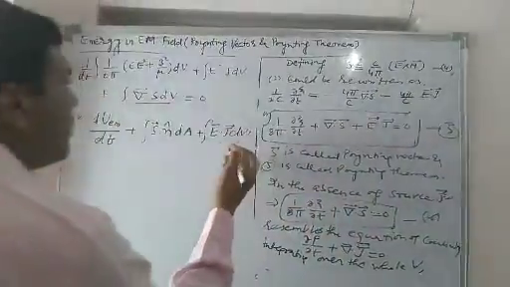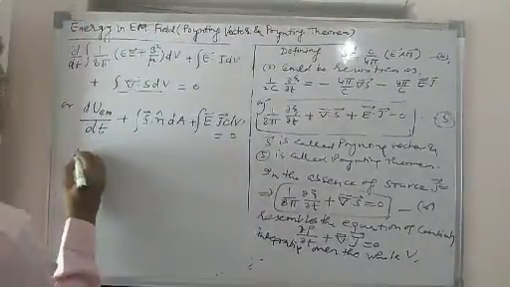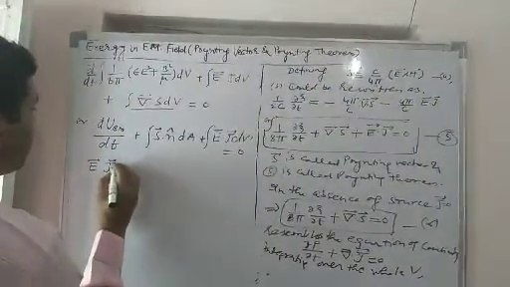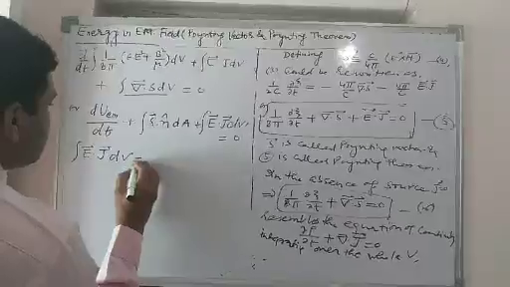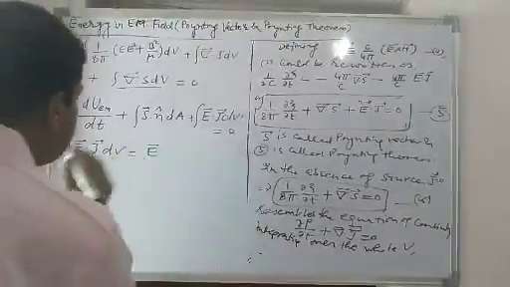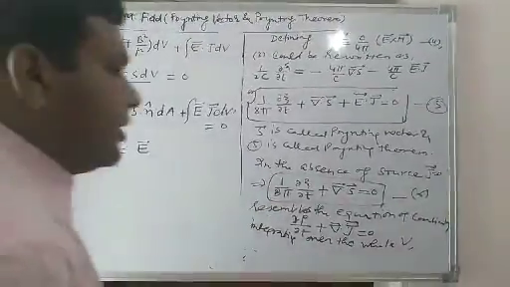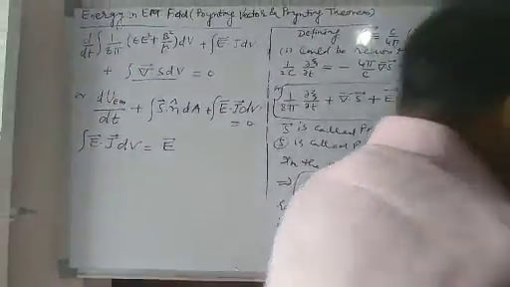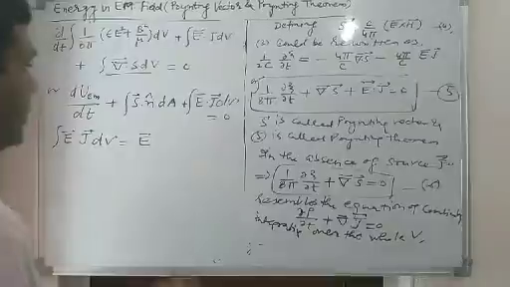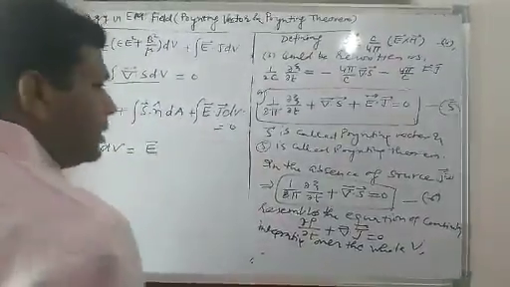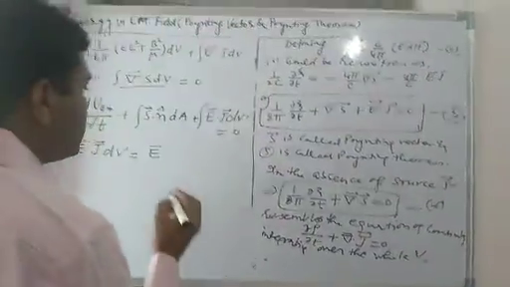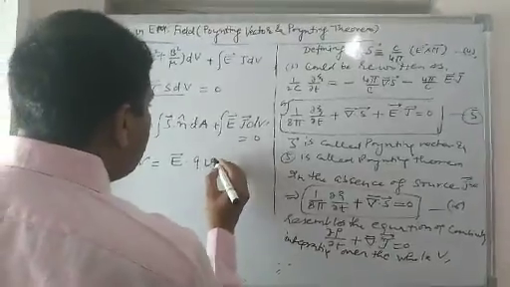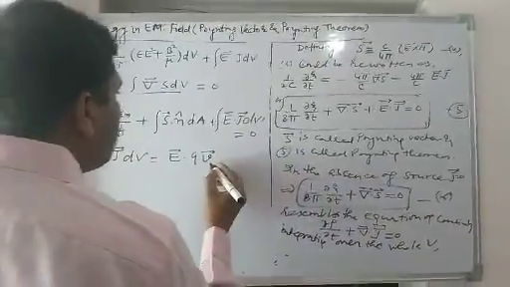Now let's check what this is going to be. Now E dot J dV. So this is going to be E, and what is J dV? J dV is nothing but the current, which is Q times the V. So this is E, and then dot Q V, the velocity.